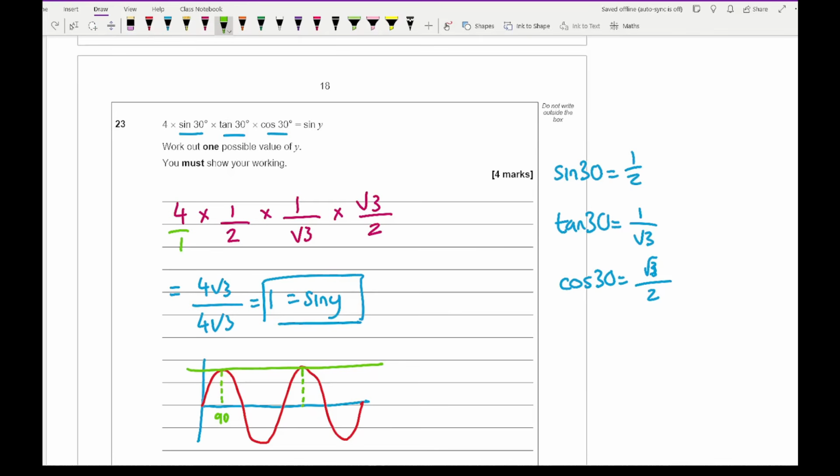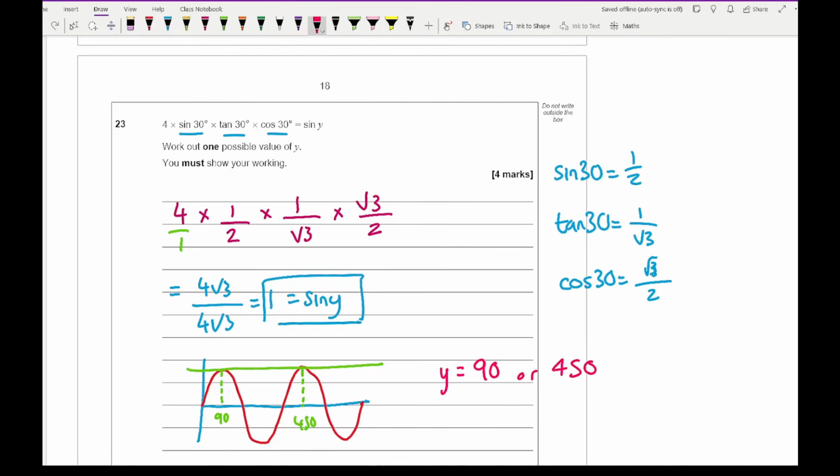So 90 plus 360 gives me an answer of 450. So I would say the most common answer is y equals 90, 450. Let me just write that a little bit properly.